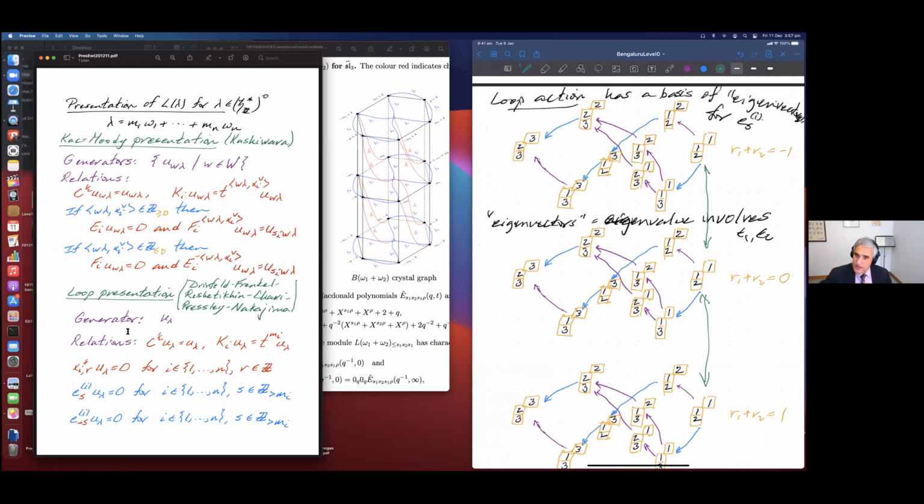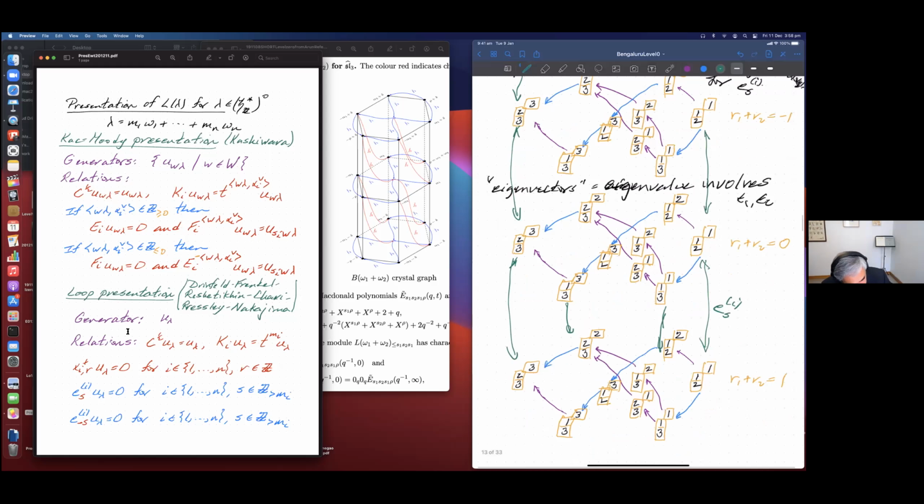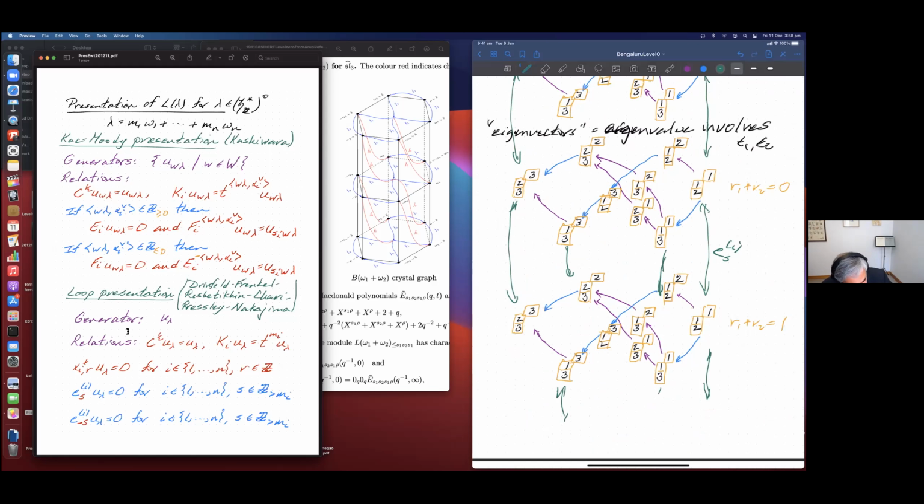They become eigenvectors for the action of the elementary symmetric functions, and it shifts up and down like this. So the loop action makes the module really look like a 9-dimensional module for finite SL3. And then the Heisenberg action just moves me directly up and down this tube. So the Heisenberg subalgebra is very controlled in terms of this 9 plus the periodicity.